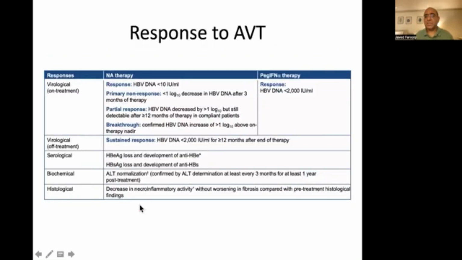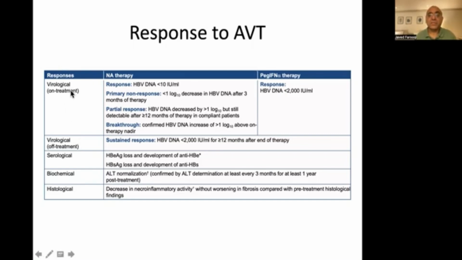Today we shall discuss that once we have started the patient on antiviral treatment, how we evaluate the response, how we define the response. So these are the response categories.